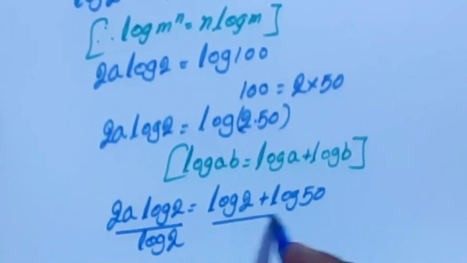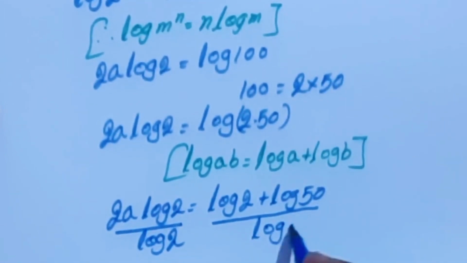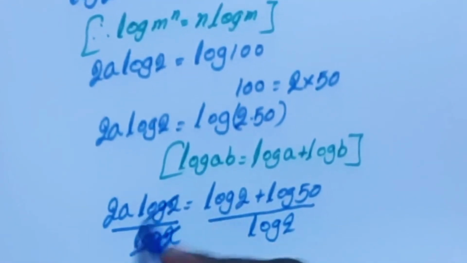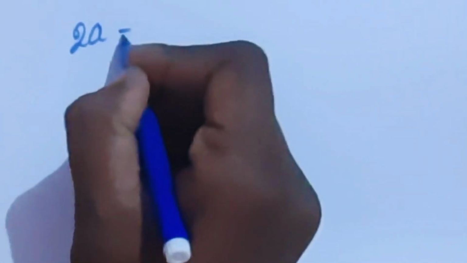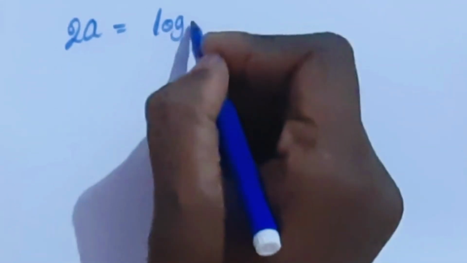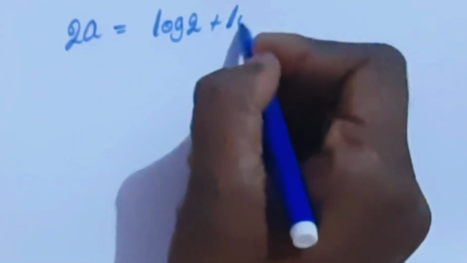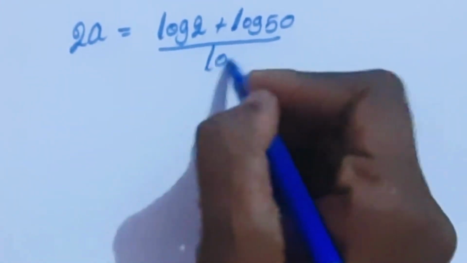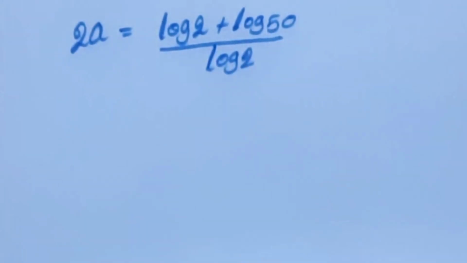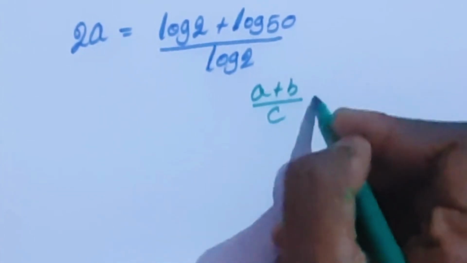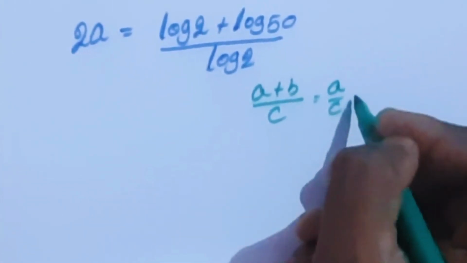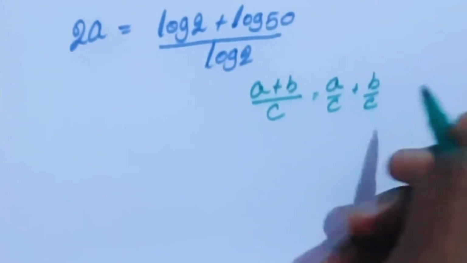Divide by log 2 on both sides. This log 2 cancels this. So we'll get 2a equals (log 2 plus log 50) by log 2. Now this can be written as (a plus b) by c equals a by c plus b by c.